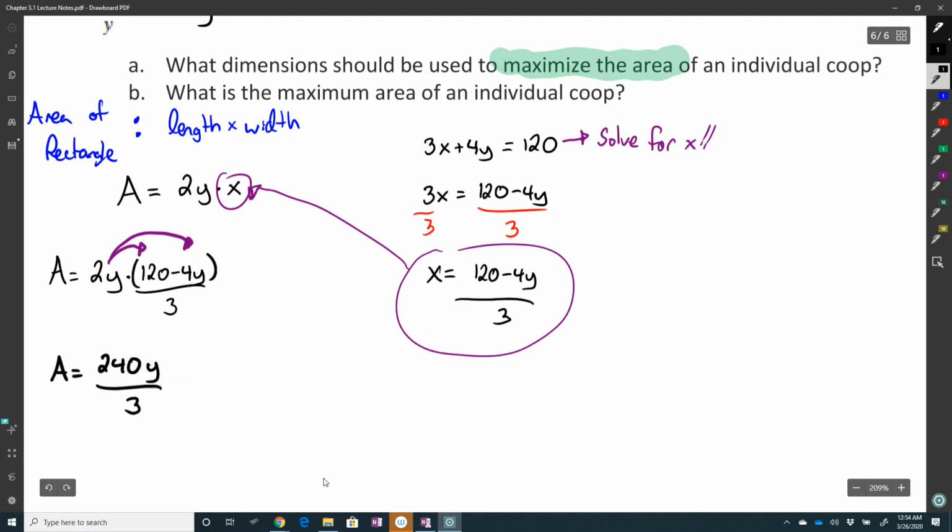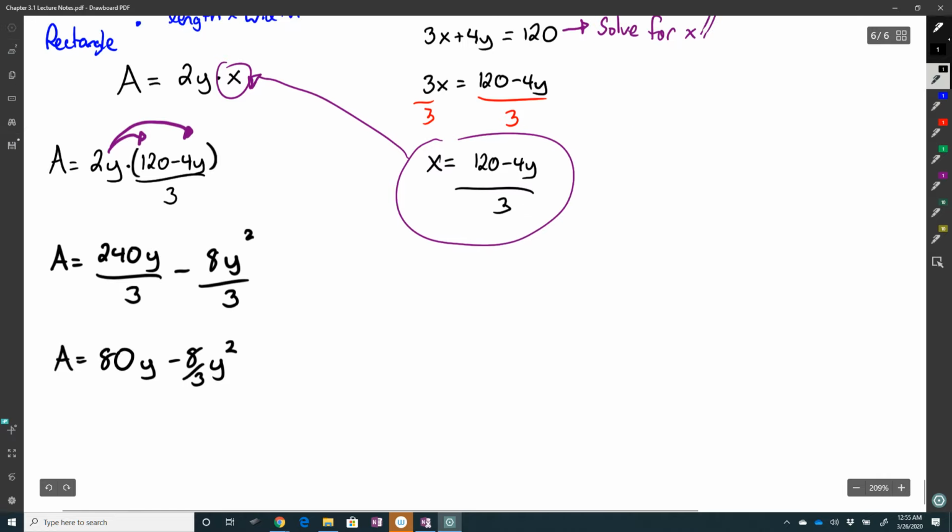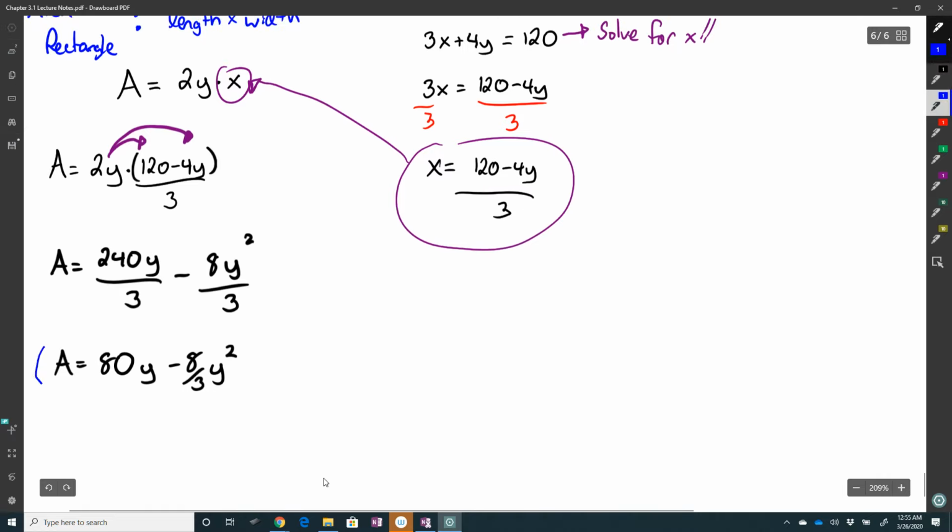If I distribute to the other one, I get minus 8y squared over 3. And 240 divided by 3 works out to 80. Yep. And notice that we have a parabola, in our expanded form.